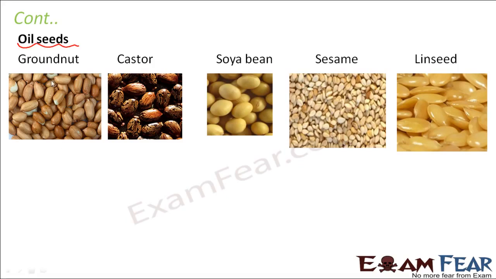Because these seeds are very rich in oil, and that is why oil is extracted from them. That is how we get castor oil, mustard oil and groundnut oil. Many different types of oils, including refined oil, are used for cooking purposes. These oils are obtained from seeds which are rich in oil, and these are examples of some of those seeds.